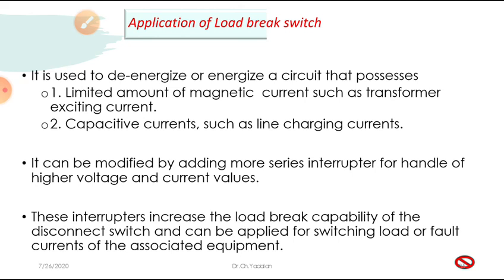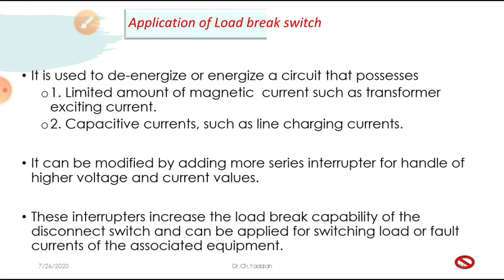In the high resistance method, we quench the arc by lengthening the arc and by cooling the arc. Based on these two principles, different companies manufacture different load break switches. So these are the things we are going to remember.